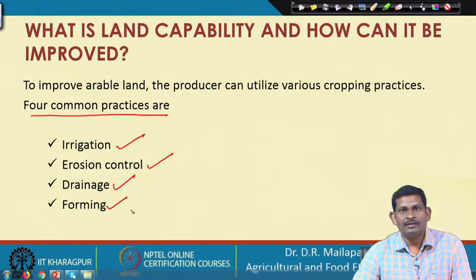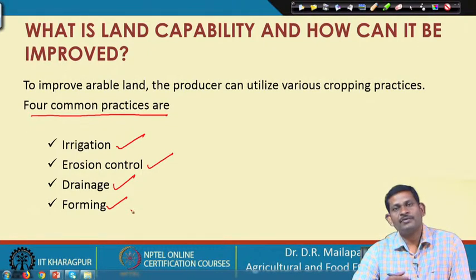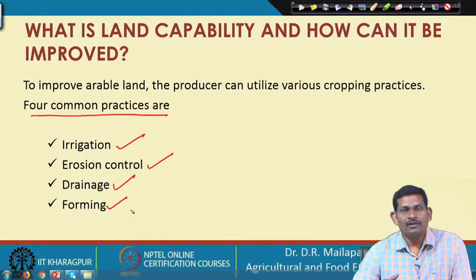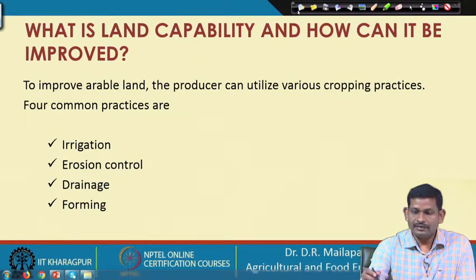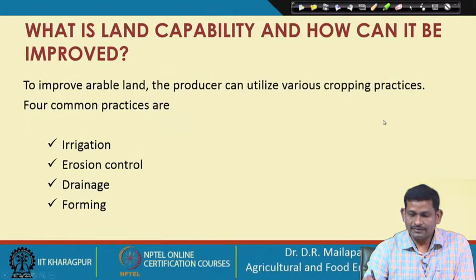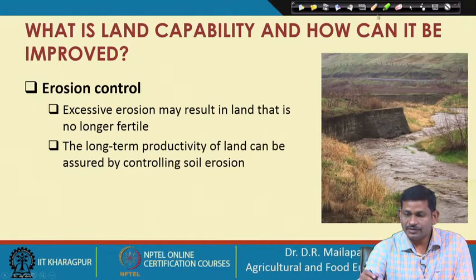That will improve the efficiency of irrigation, and not only the water available to the crop but also nutrient availability will improve if you can maintain a good grade of the land. Then next we are going to see them one by one.